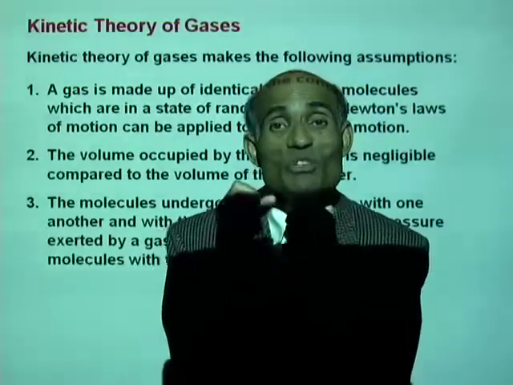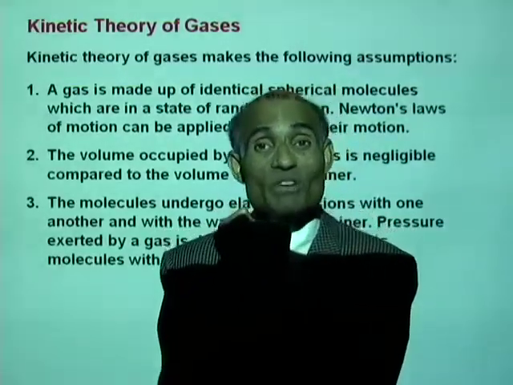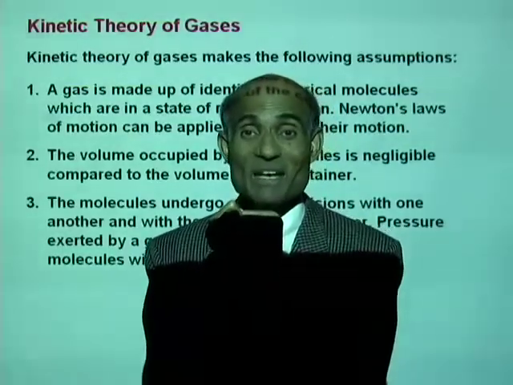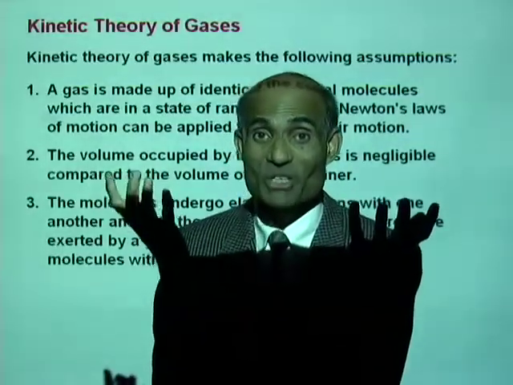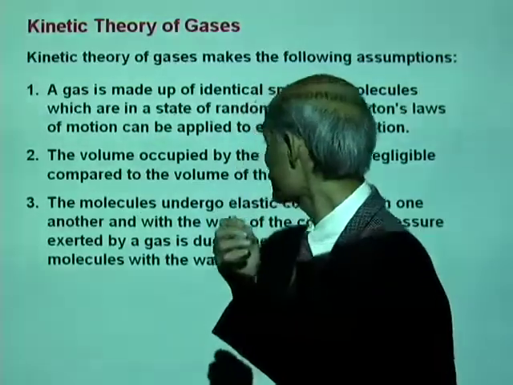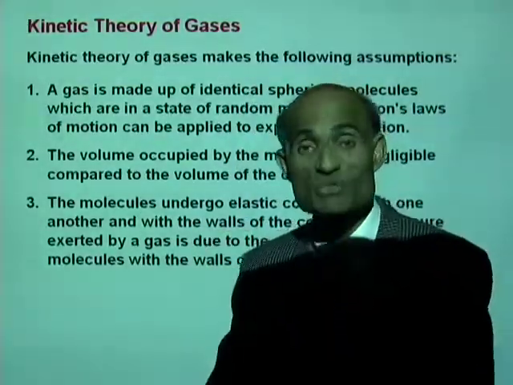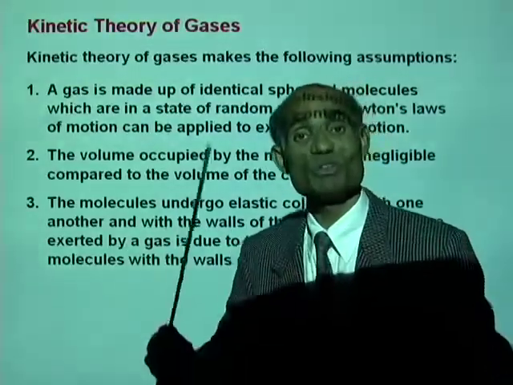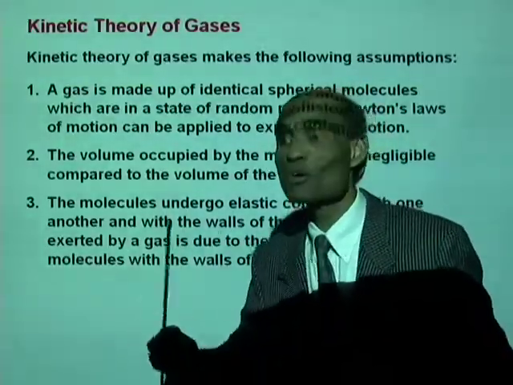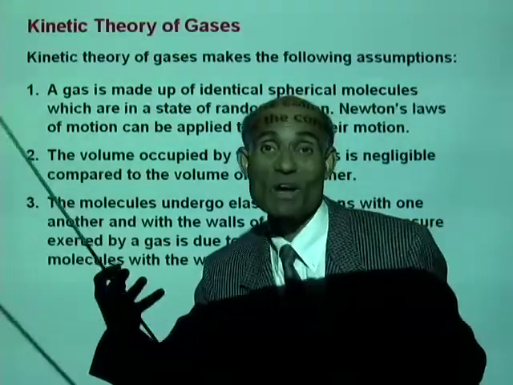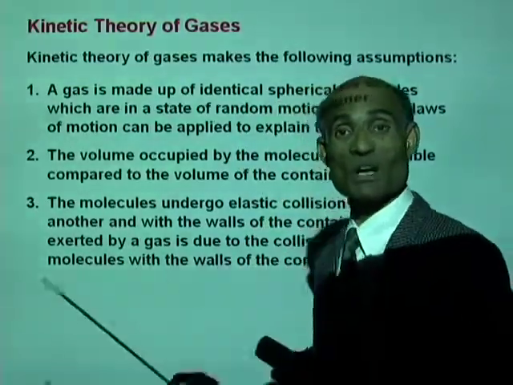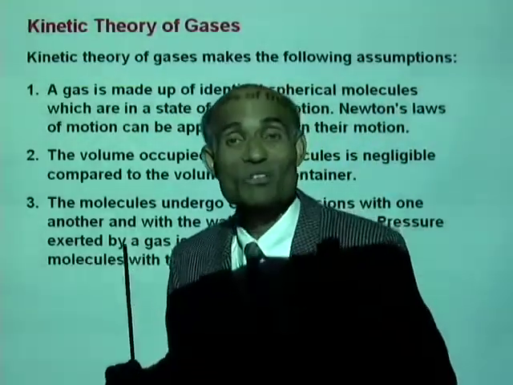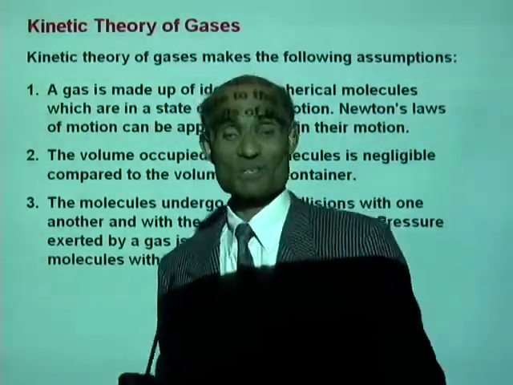Why? Because these molecules cease moving, and when they are not moving, they are not hitting the container. They are not exerting pressure. So pressure exerted by a gas is actually due to the collision of these molecules with the walls of the container. We are going to use that to derive an expression for pressure. We will use this assumption to derive an equation for pressure exerted by a gas.